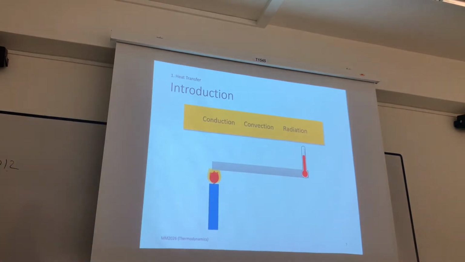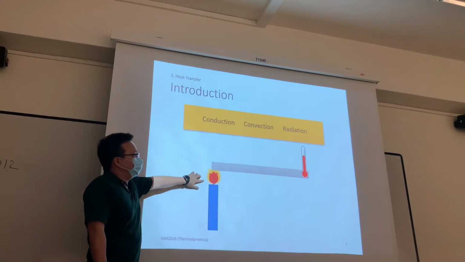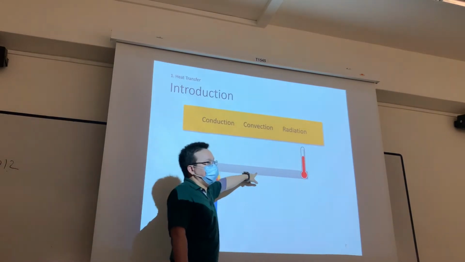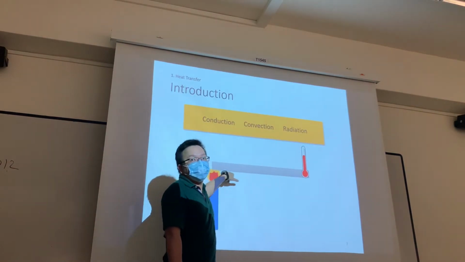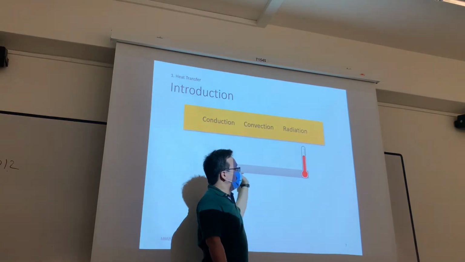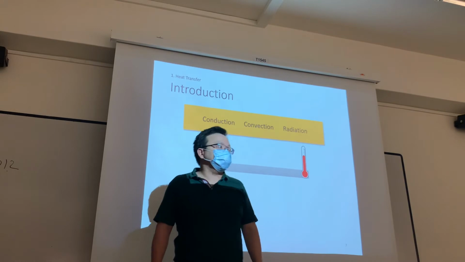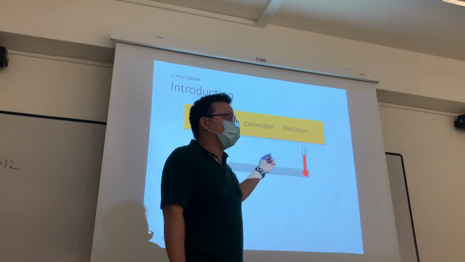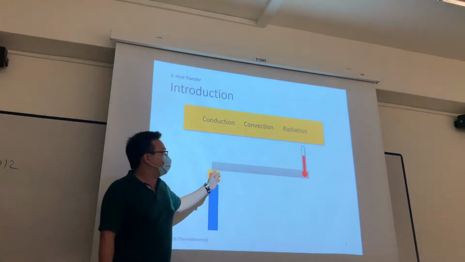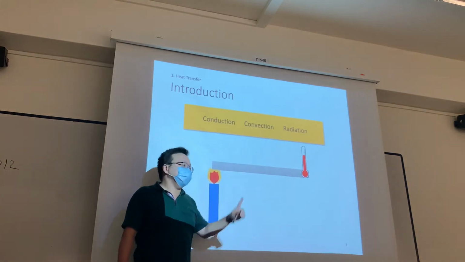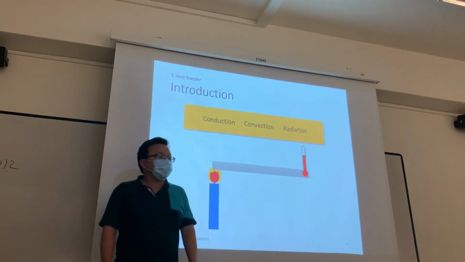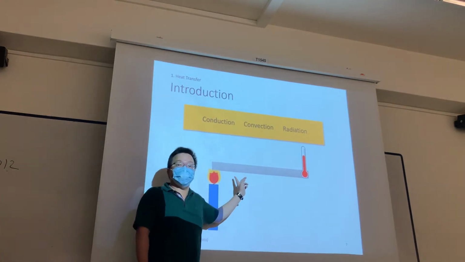In this case, you have a flame hitting a metal rod. When it hits the metal rod, obviously the heat will propagate through. Which mode is it? Conduction. What is the key characteristic of conduction? Can you see it happen? Can you see that the rod is getting heated up?